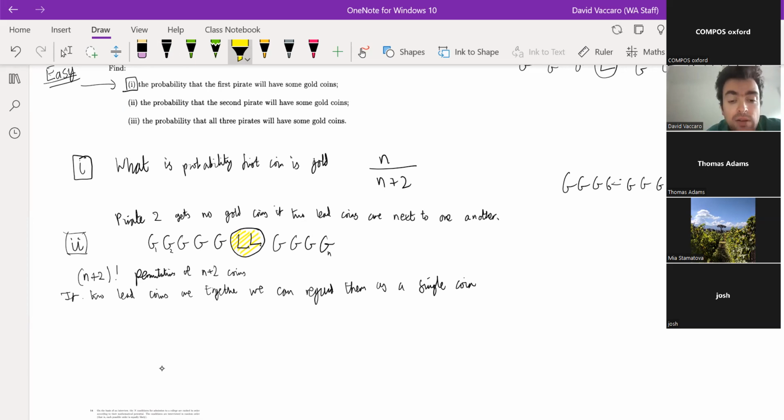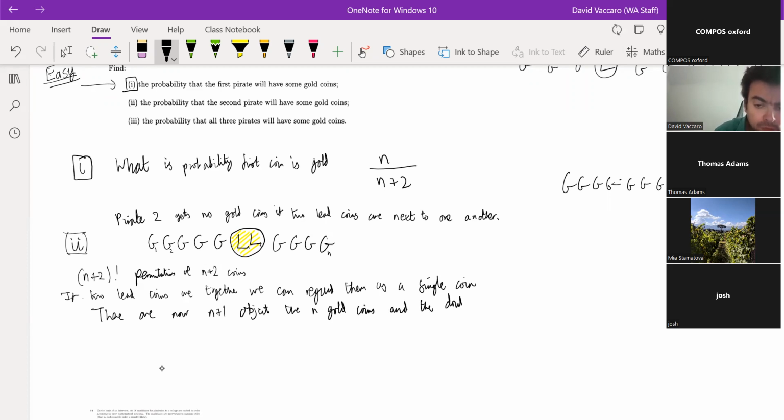Well, there's n gold coins, and then this one block of the 2 lead coins. So there are now n plus 1 objects, the n gold coins and the double lead coin, with n plus 1 factorial orders.